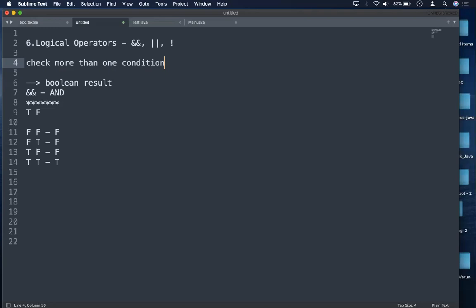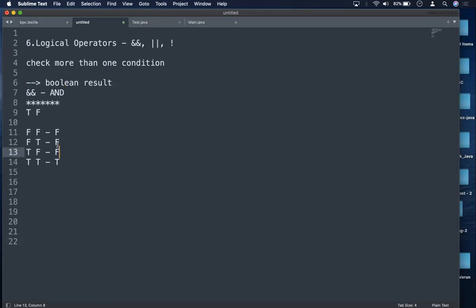Let's say there is a number 25, and whether it is divisible by 2, 3, 5 and 10. Whenever we are checking more than one condition and we want everything to be true, then we have to go for the AND operation. And if any one of them being true is enough, then we can go for the OR operation, which we will understand here.